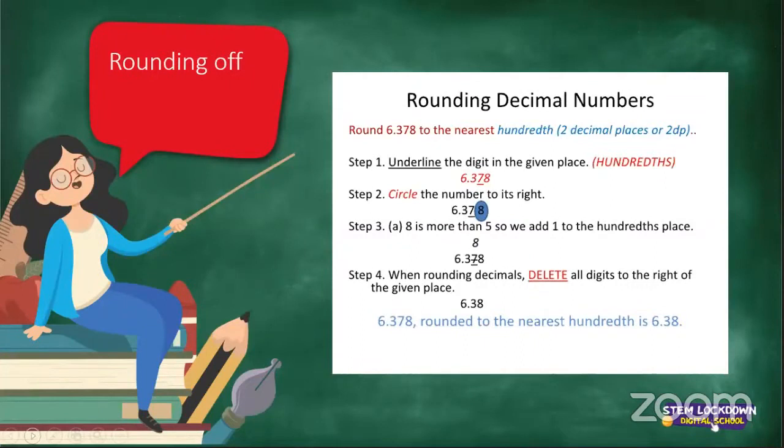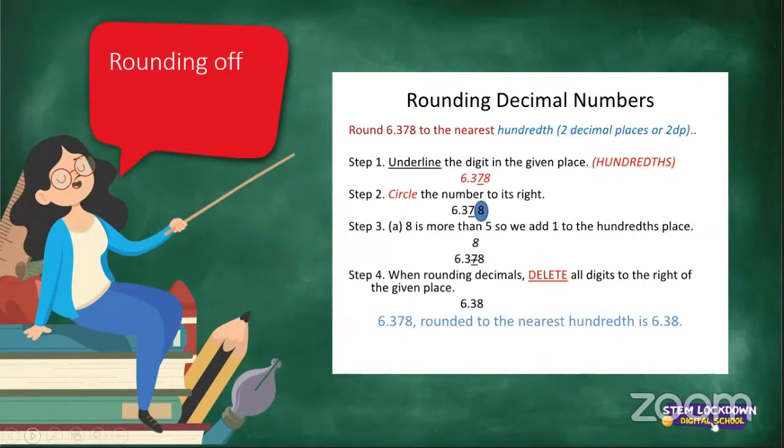Remember yesterday you said the difference between hundreds and hundredths. In the numbers after the decimal point, there are no ones or units. The first number after the decimal point is the tenth, and the second number is the hundredth.